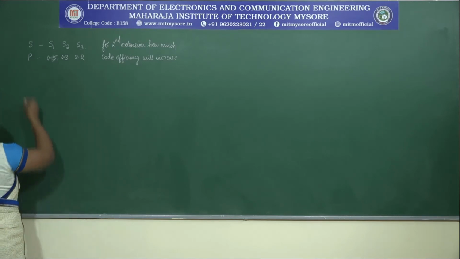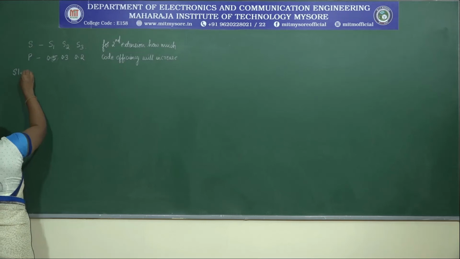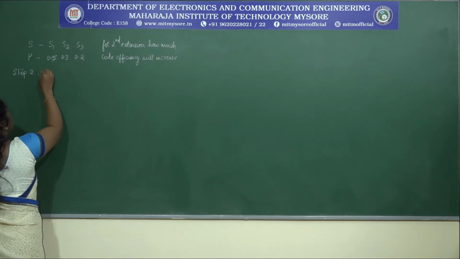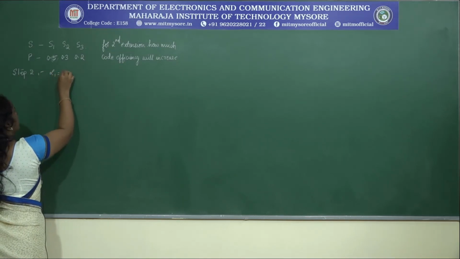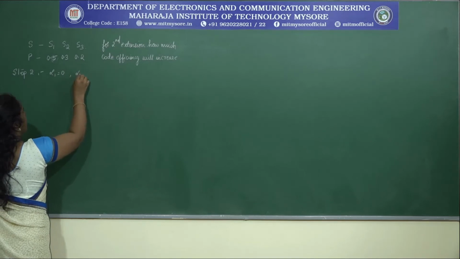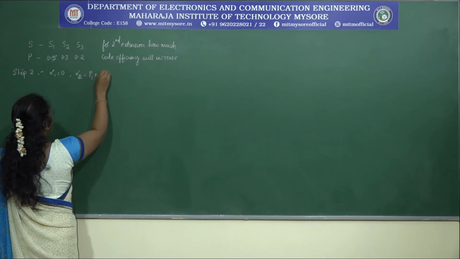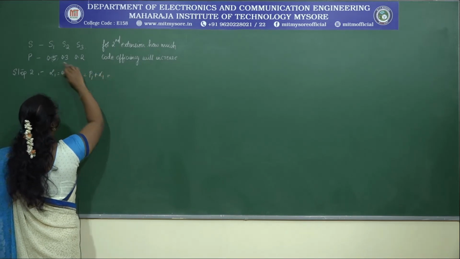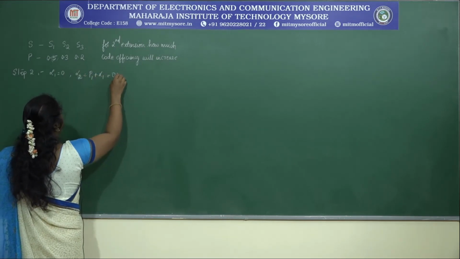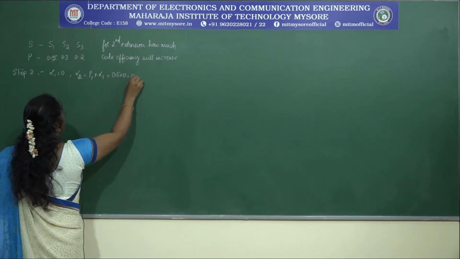Next, step 2 is you need to compute the sequences. Initially alpha 1 will be 0, then alpha 2 is equal to P1 plus alpha 1, which is P1 = 0.5 plus 0, equal to 0.5.